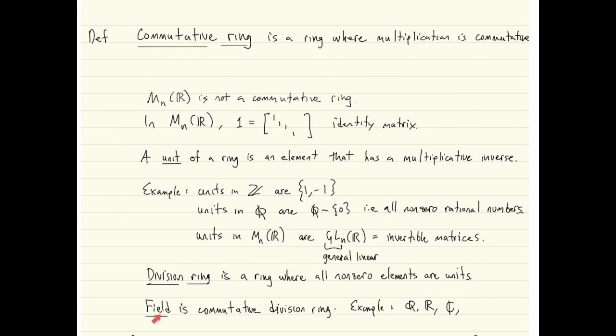And a field is something similar. It's just where you have a division ring that's also commutative. The multiplication is commutative. And so examples of fields are the rational numbers, the real numbers, the complex numbers, and there's other examples as well. But the main idea of a field is you can add, subtract, multiply, and divide by non-zero elements.